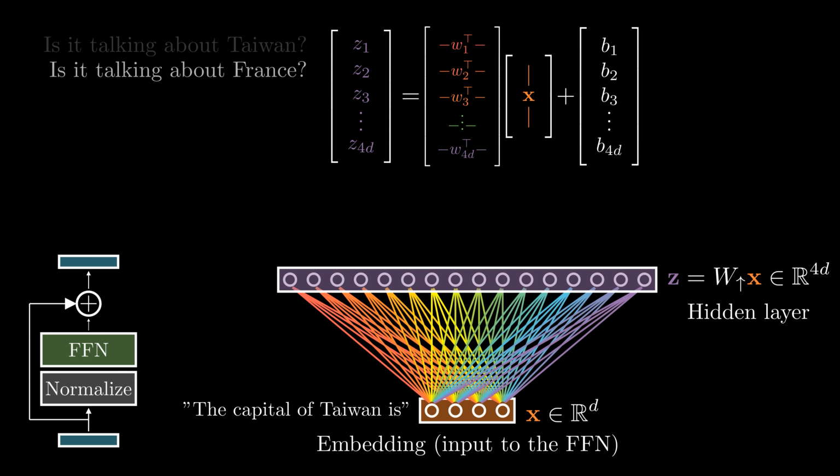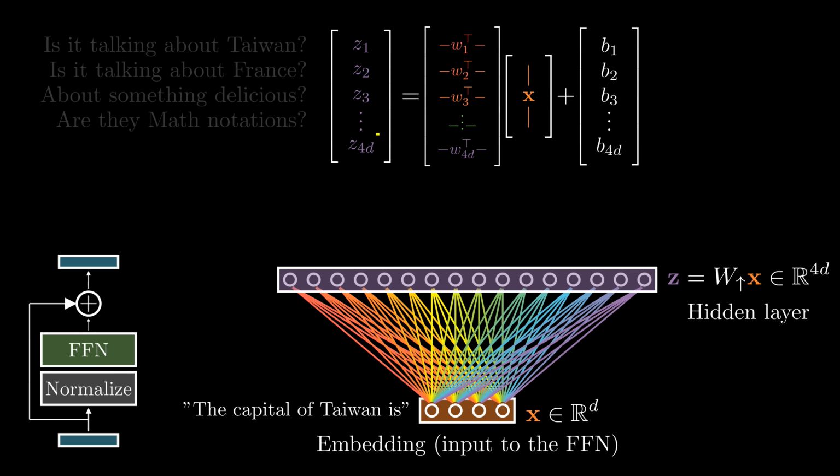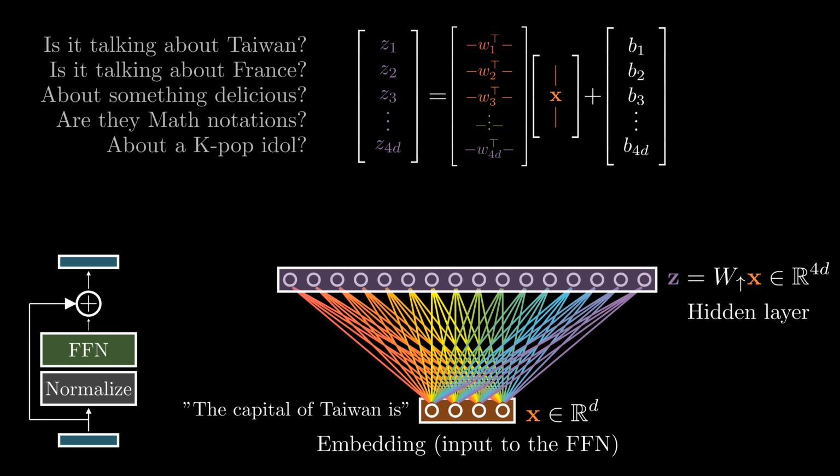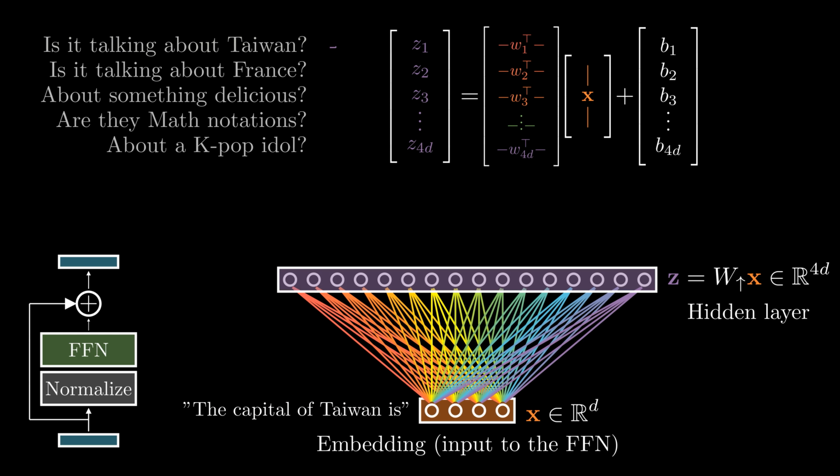Specifically, each row in the weight matrix can be thought of as representing a semantic concept. The dot product indicates how well the input embedding vector matches each of these learned semantic directions. In our example, the first question will likely have a positive value since the question is highly relevant to the input token. The others may be close to zero or even negative.